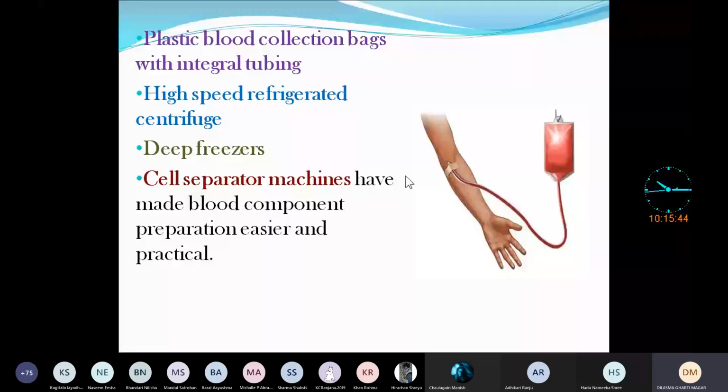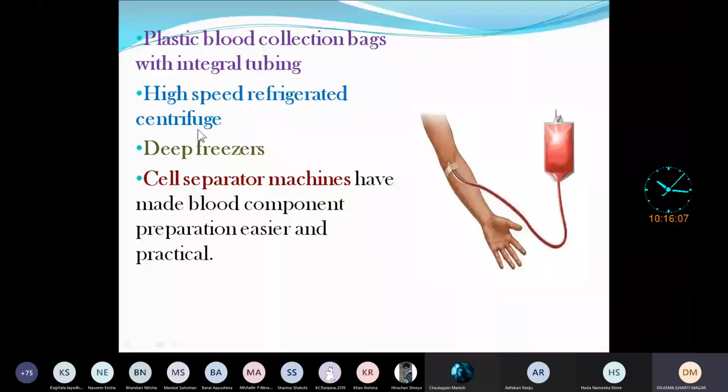The blood doesn't have to come out of this blood bag or plastic bag. It is connected with the tube, and through the tube we will transfer the blood components to the other bags. Okay, for this, a high speed refrigerated centrifuge is required.